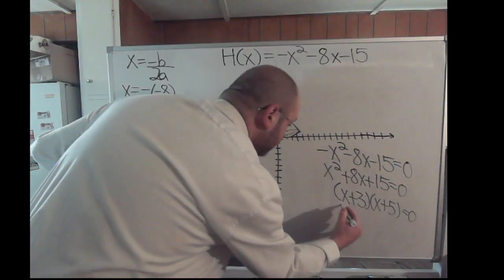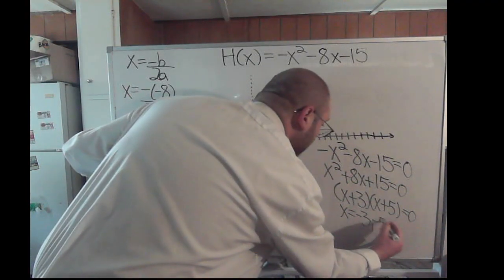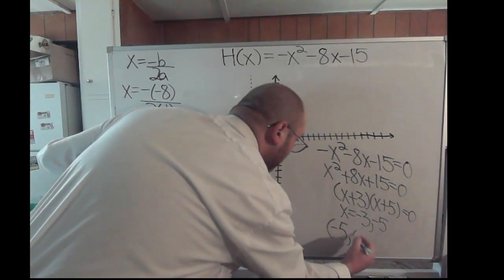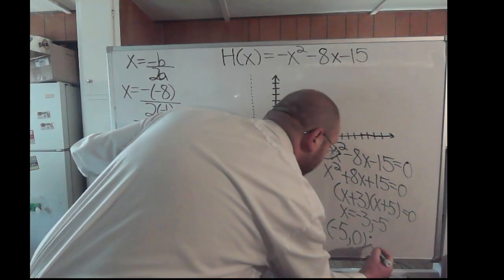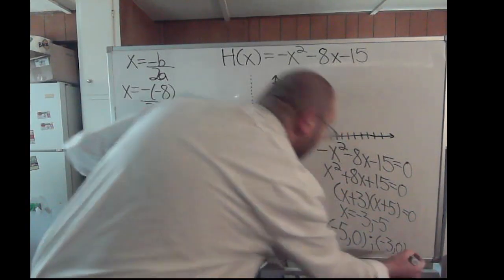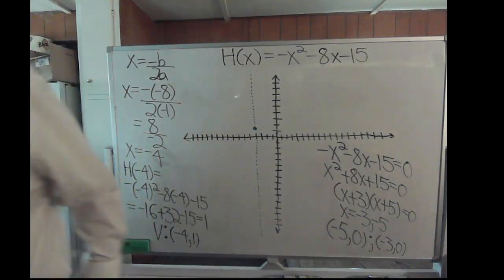So you get the x values of negative 3 and negative 5, which means your x-intercepts are negative 5, 0, as well as negative 3, 0.